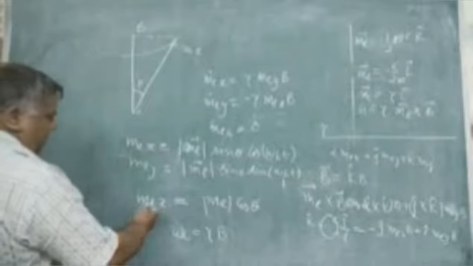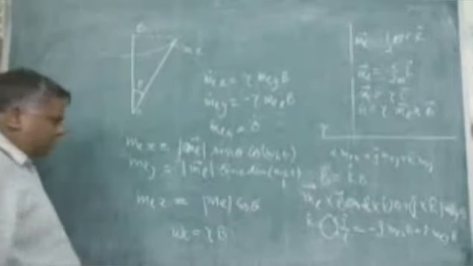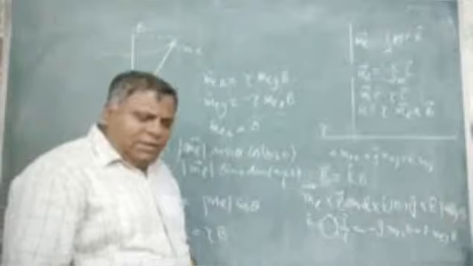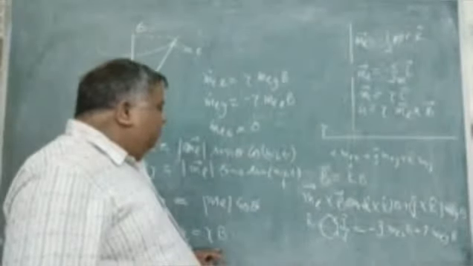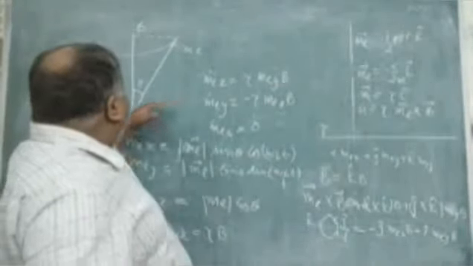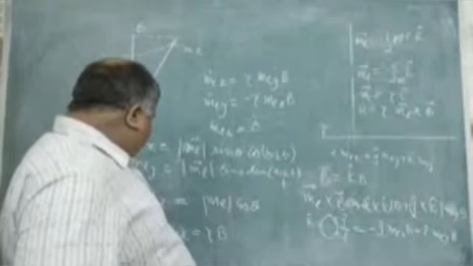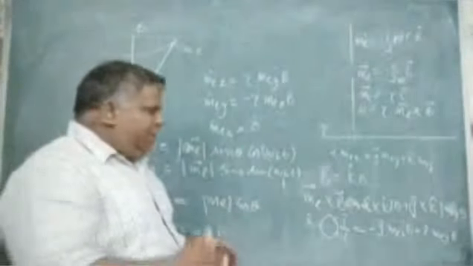So this m_l rotates with the frequency gamma into B.